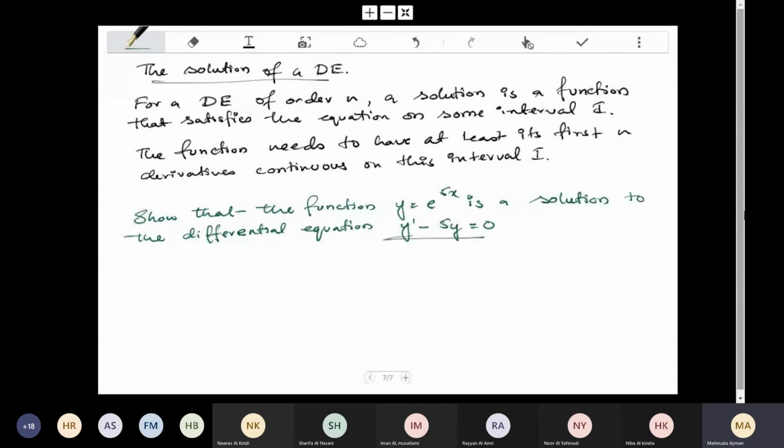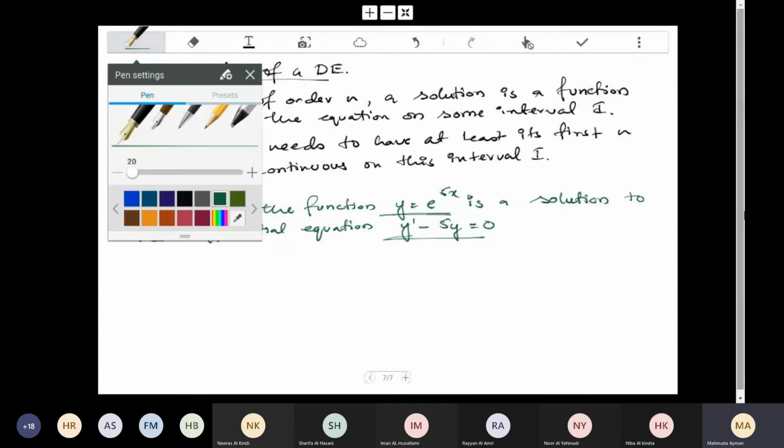So here we are given the differential equation and we are asked whether this is a solution to this equation or not. So it's very simple to do that here.